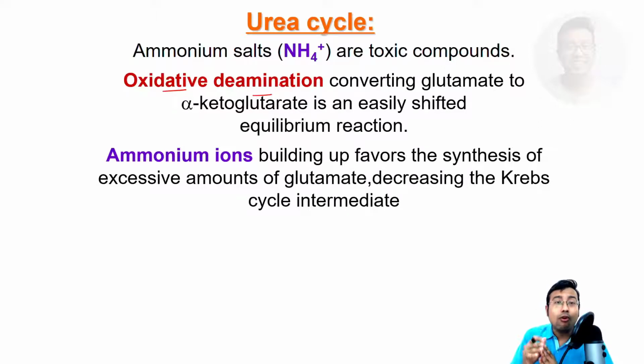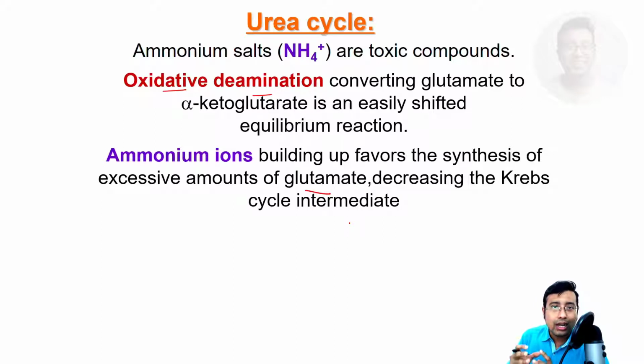What happens actually is that the building up of ammonium ion favors the synthesis of excess glutamate. You see, this is a cycle that keeps on going, and in the process what is depleted? Alpha ketoglutarate is depleted. So if you forget everything, just know that excess ammonia is produced in the body.